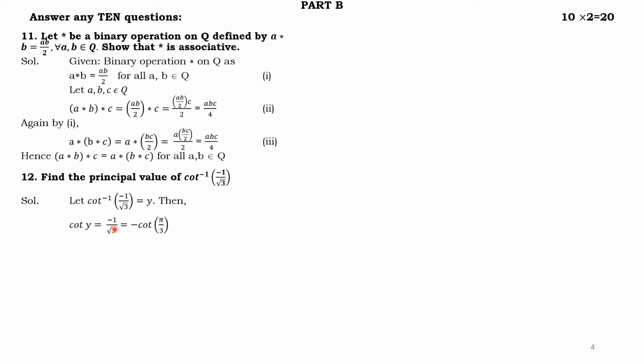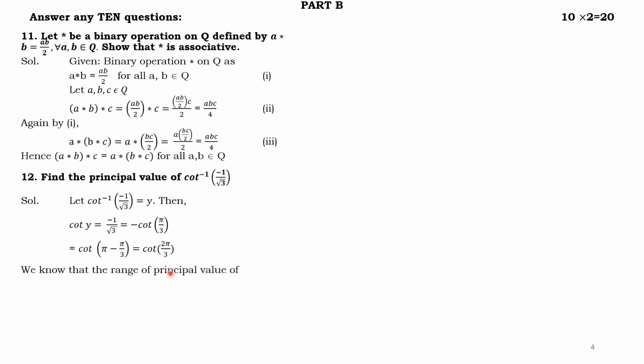We know cot of pi by 3 is 1 by root 3. Therefore, to eliminate the negative sign outside, we subtract from 180 degrees. That is cot of pi minus pi by 3. That is equal to cot of, simplifying, 3 pi minus pi is 2 pi by 3. Cot of 2 pi by 3.